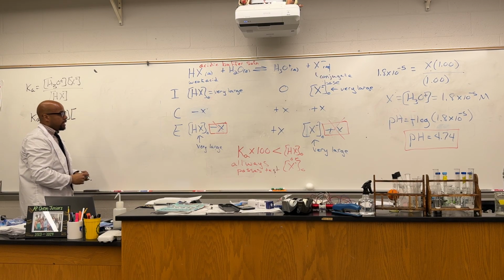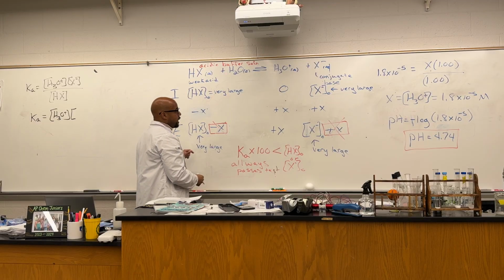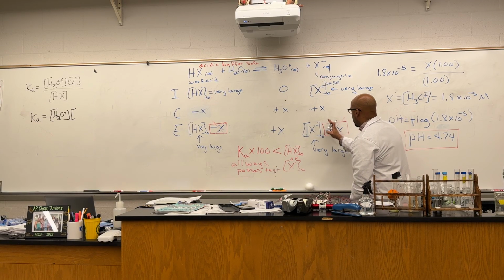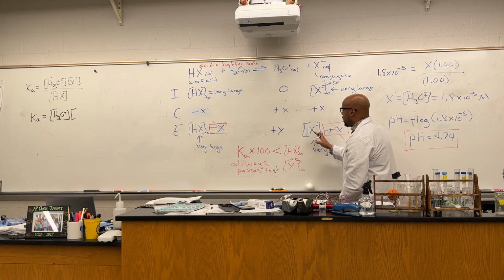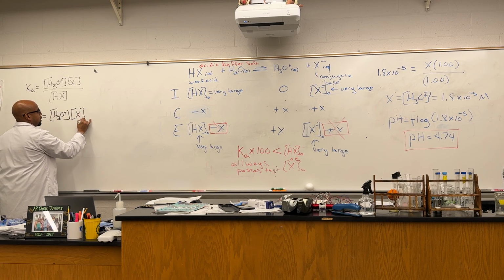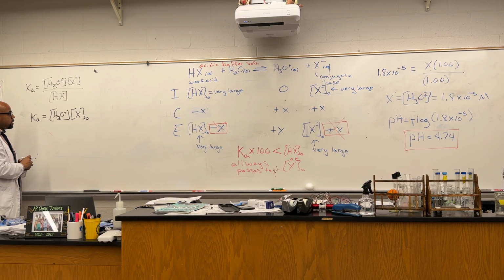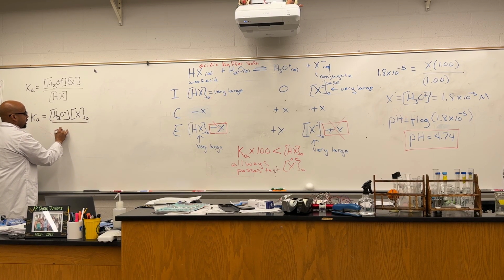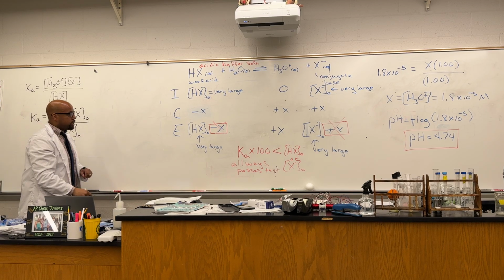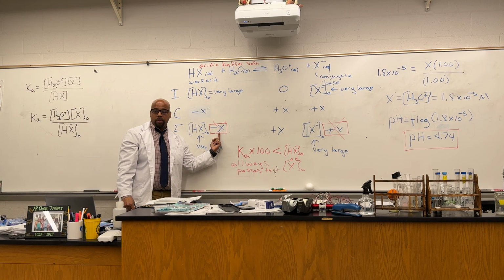When I substitute in, because once again, for the E part of the equilibrium, we got rid of the plus x that's sitting down here, this is going to be X minus initial concentration divided by HX initial concentration here, because we got rid of the minus x sitting right here.